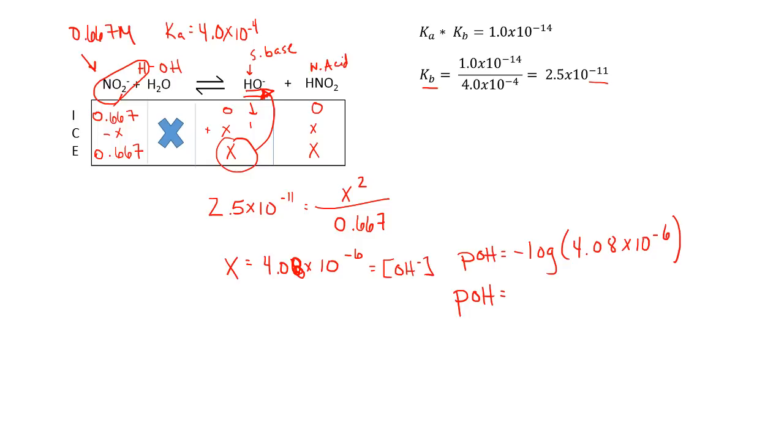I'm calculating. You all can't see it. Yes. 5.38. The pH then is 14 minus 5.38. That gives us a pH of 8.61.